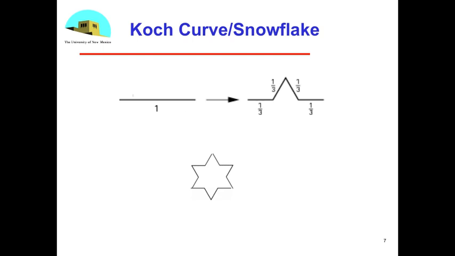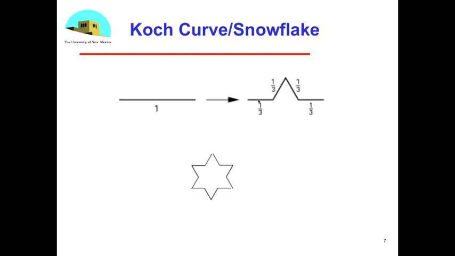So the idea here is that you start with a little line segment of length 1, and you subdivide it into 4 line segments, each of length 1/3, and these two form two sides of an equilateral triangle. And then the recursion is that I take each of these sides and now subdivide it into 3 parts, and then replace the middle part by the 2 other sides of an equilateral triangle. So it gets more and more detailed as I do this.